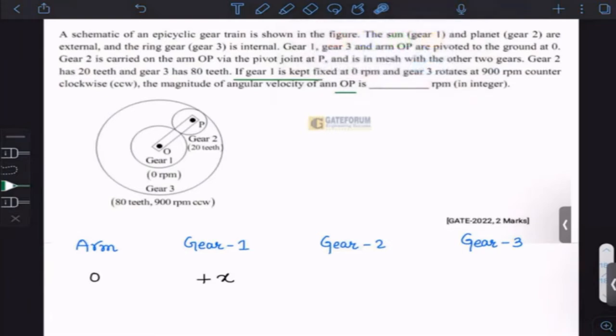Right. A schematic diagram of the epicyclic gear train is shown. Sun gear 1 and gear 2 are external. Ring 3 is internal. Gear 2 has 20 teeth. Gear 3 has 80 teeth.